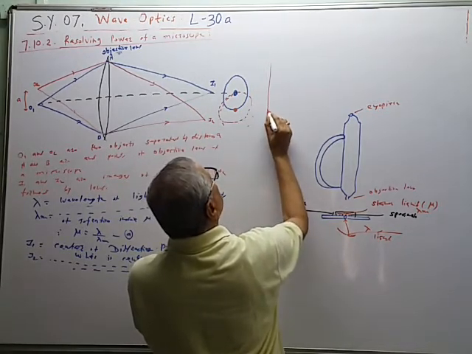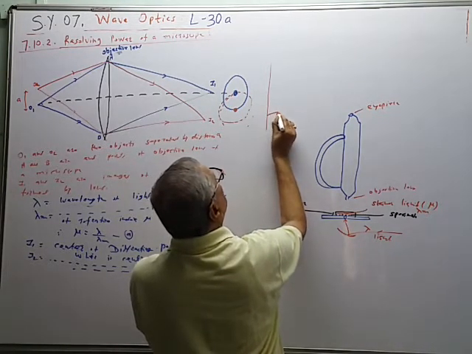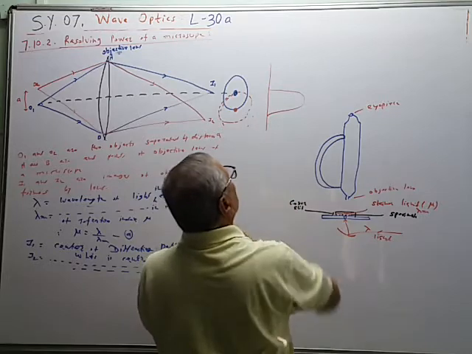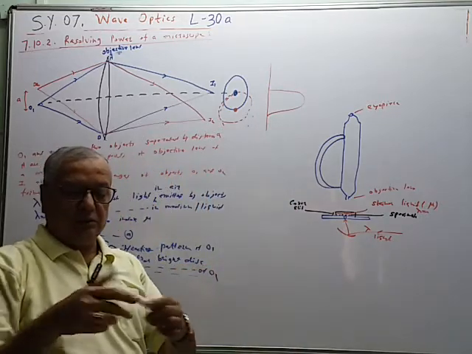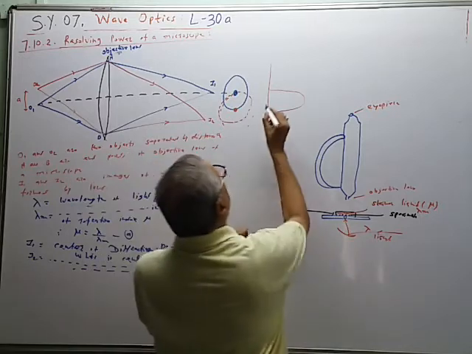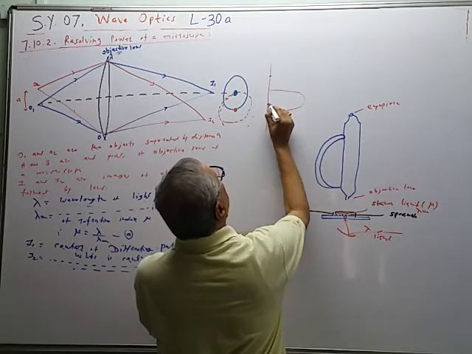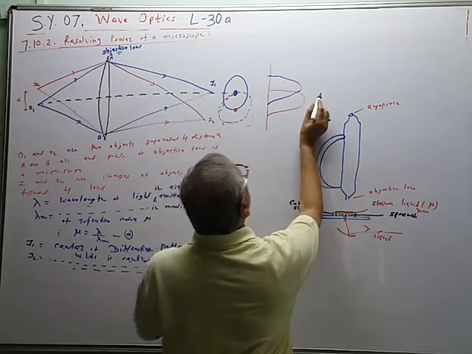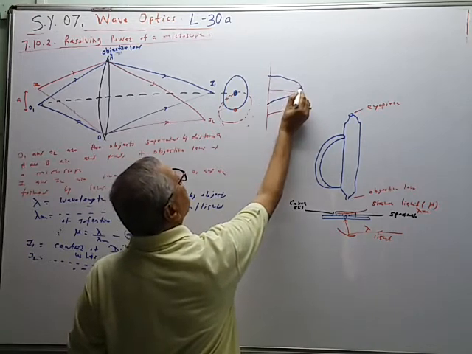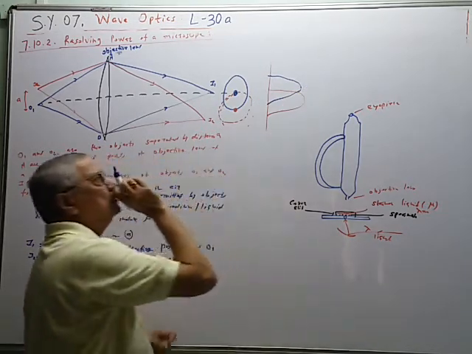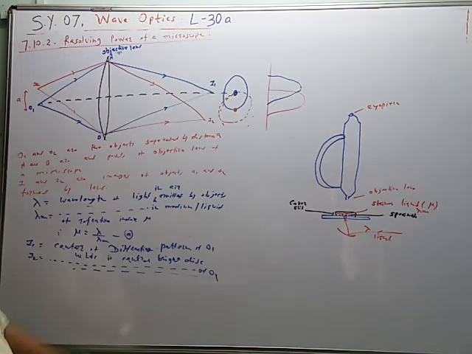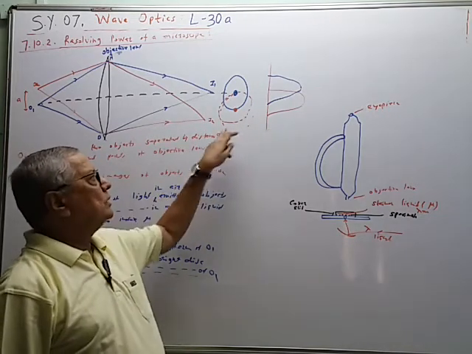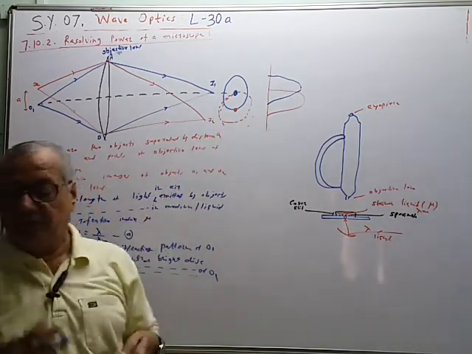This is the central bright band of I1, and this is the other. So the first minimum of one diffraction pattern coincides with the central maximum of the other diffraction pattern. So either you can use Rayleigh's criterion or the Airy disk pattern. Both conditions can be used for resolution.